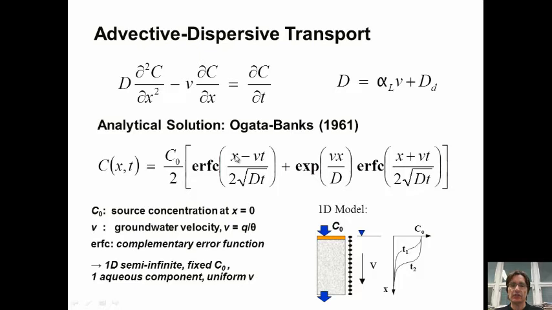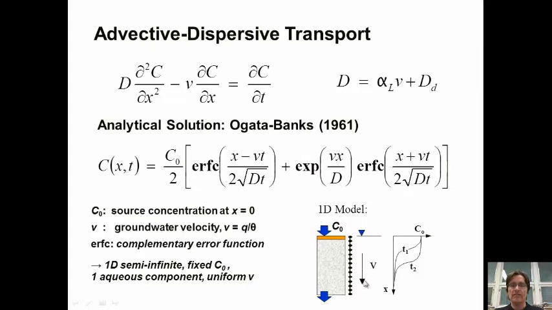Here, x is the distance from the source zone. Say we have a 1D column, so x would be distance from this input concentration. t is the time. D is the dispersion coefficient. And our source condition here is a fixed concentration of C0.